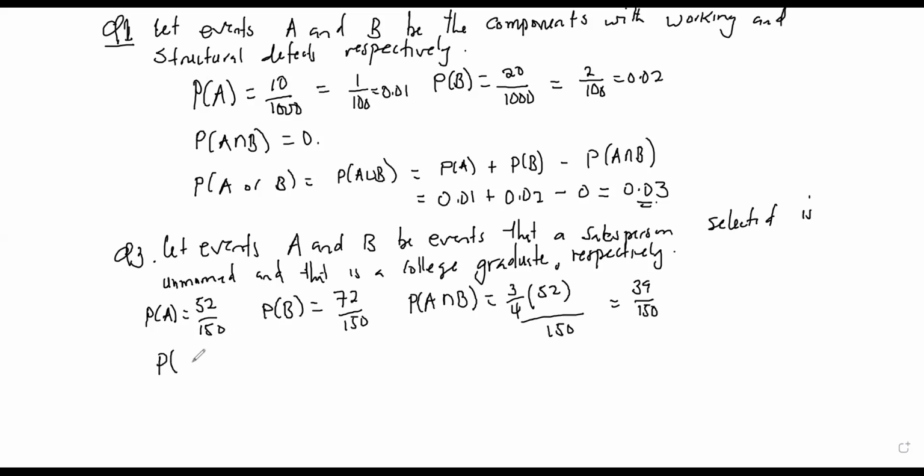So we want A complement intersection B complement, which is 1 minus the probability of A union B. It's the same thing if you had used De Morgan's law, it would appear like that.